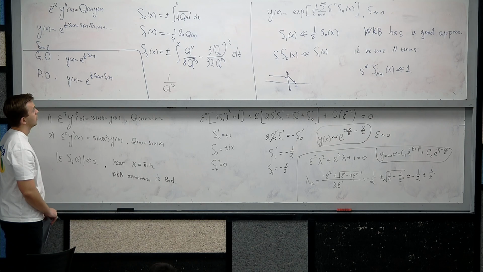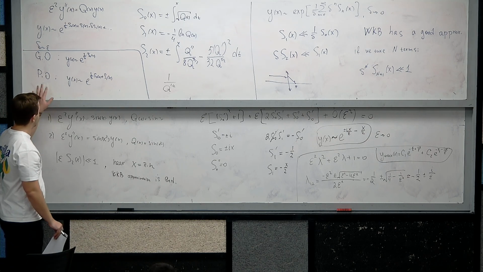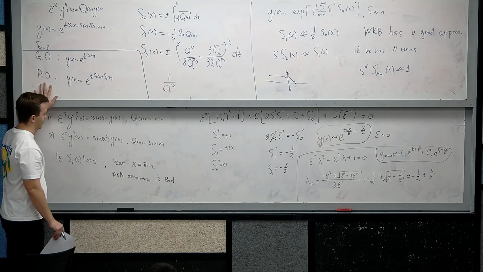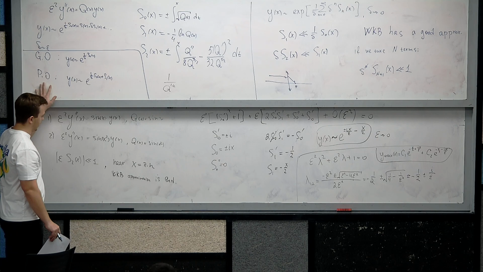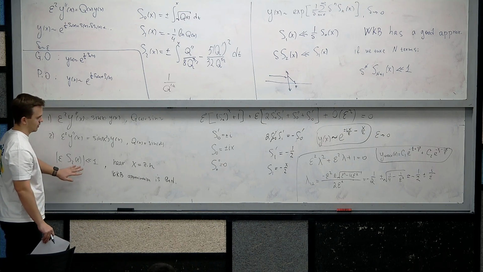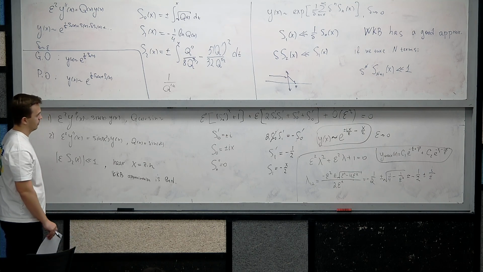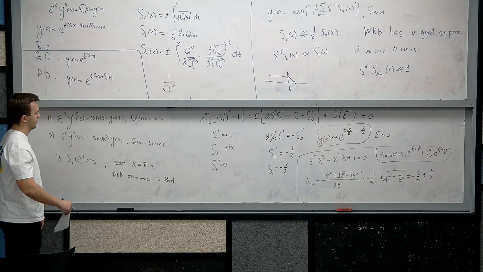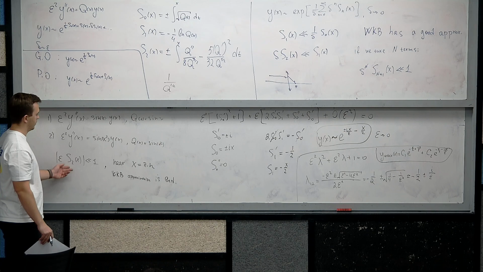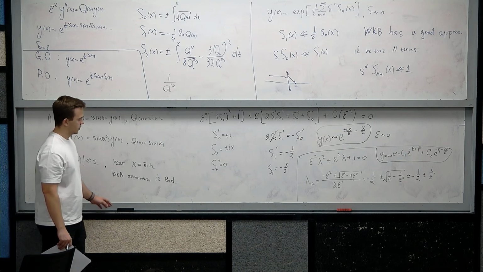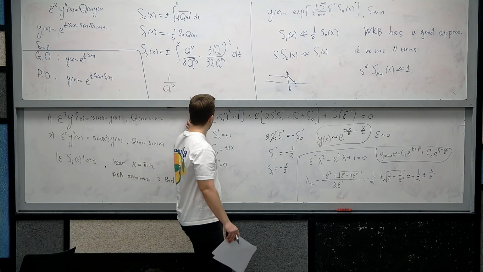I mean, in all physical optics, the WKB approximation is bad here. So we cannot neglect this term because it's not small compared to 1. We need to take more terms and find out whether they are small compared to 1.